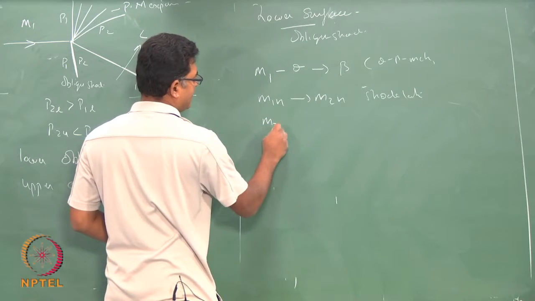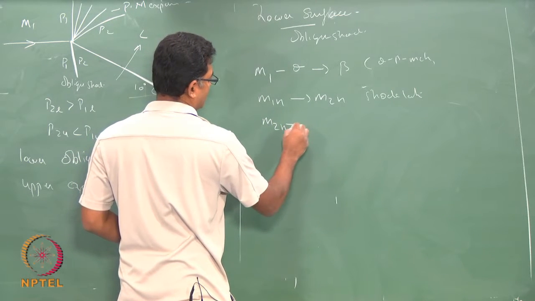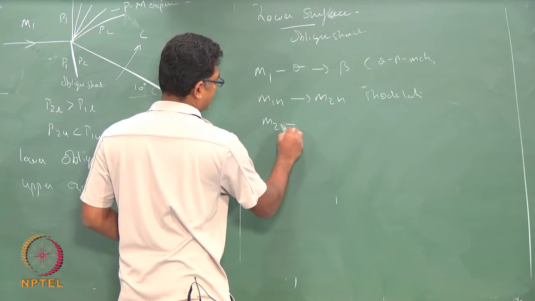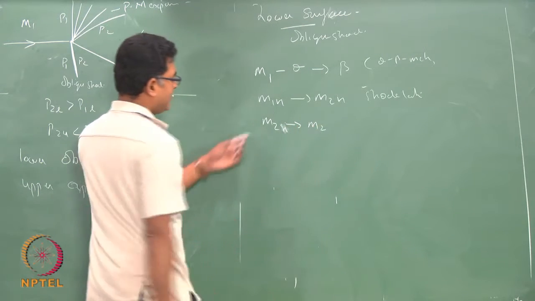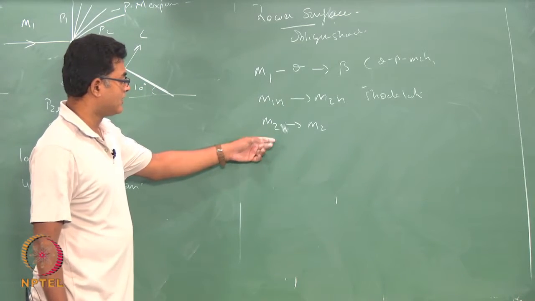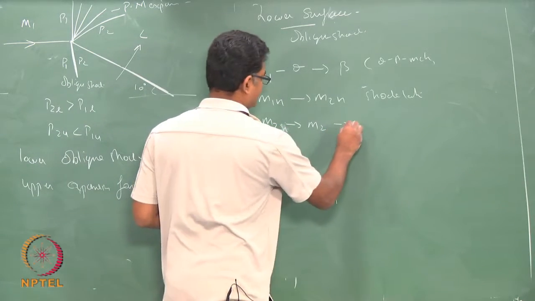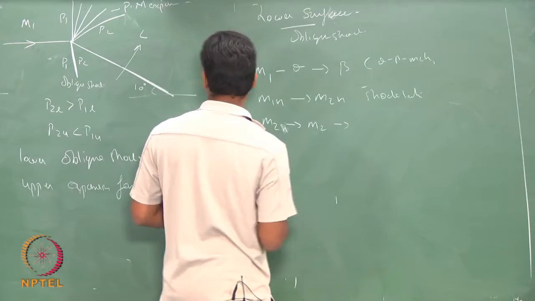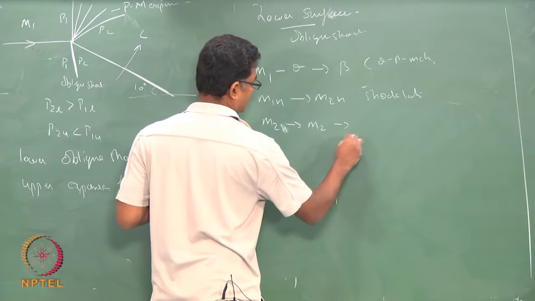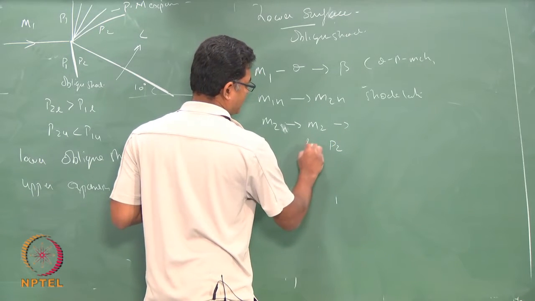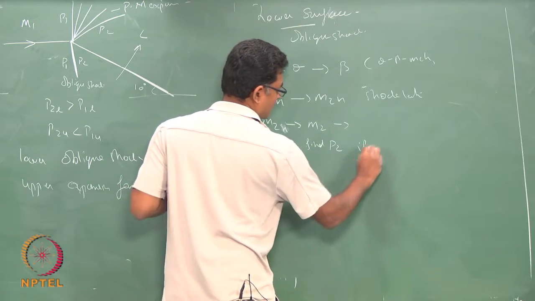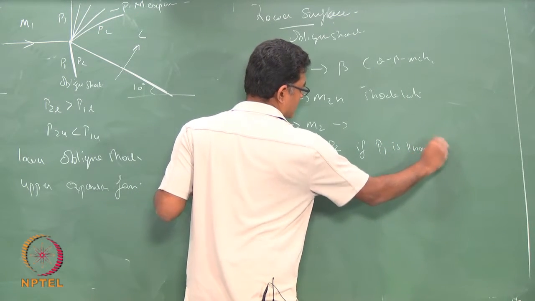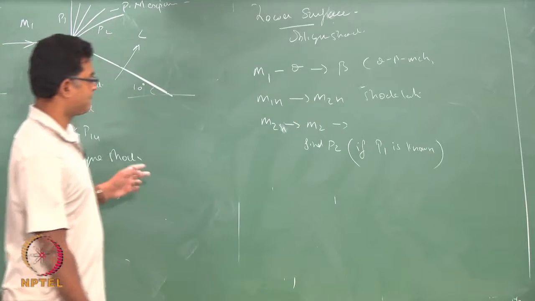Once you have M2n, find your M2 from M1n, M2n. Once you have M2, find the pressure acting on this surface, find P2 if P1 is known. Okay.